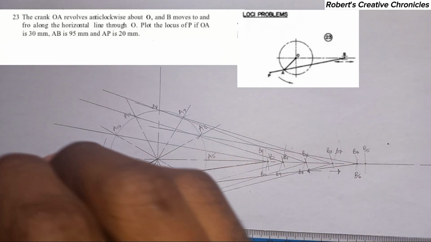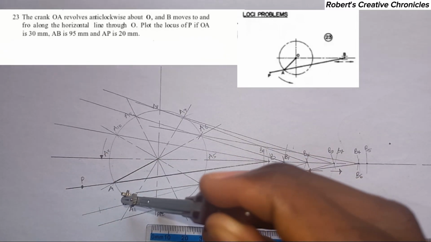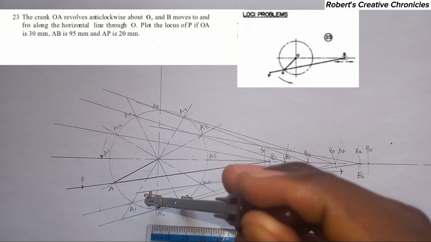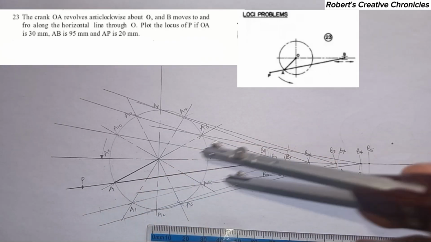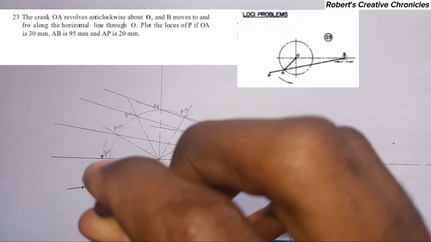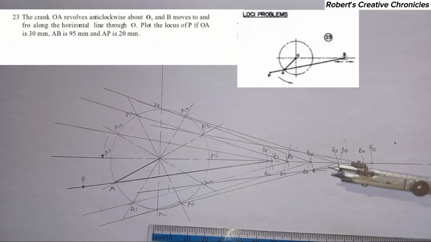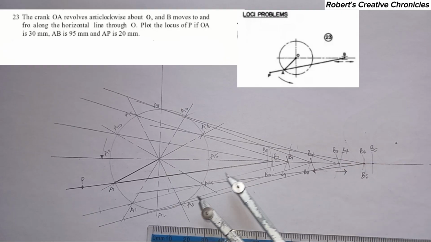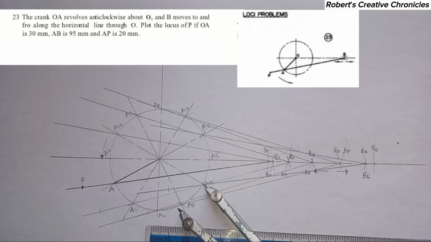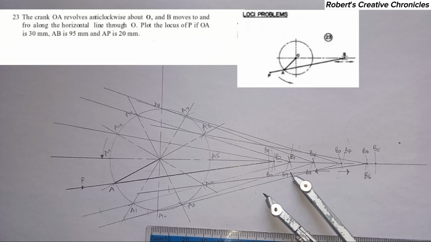So now we'll use it to mark from all these A's, A1, A2. This line is the line from B1 to A1. So now this B4 is from here. So this is the line.